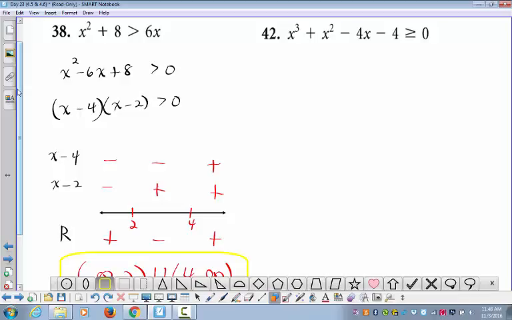Yeah, x squared. Good. That's right. You factor it? Yes. Grouping? So what's the GCF? Yep.